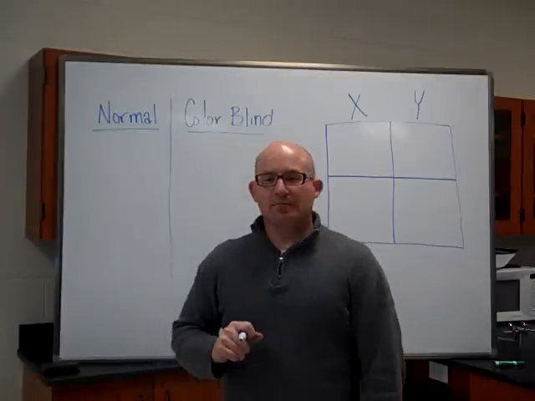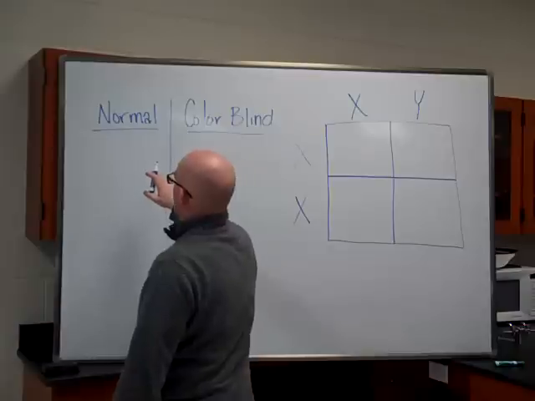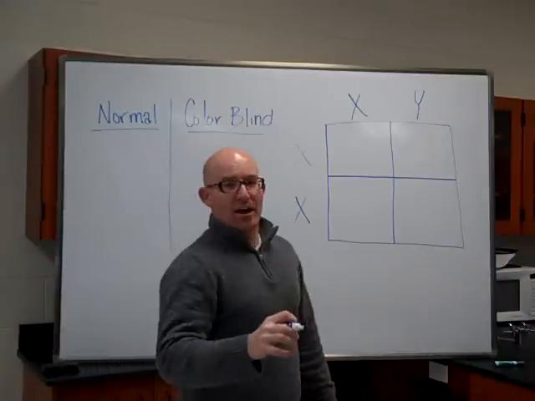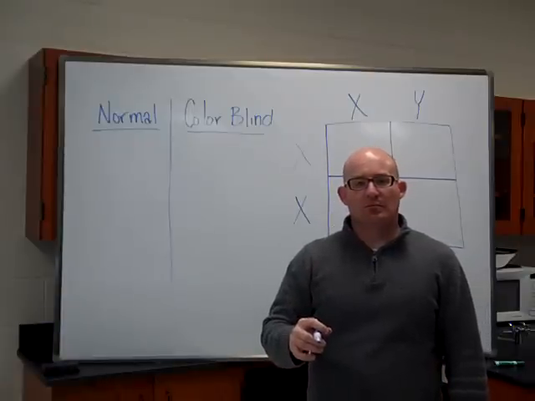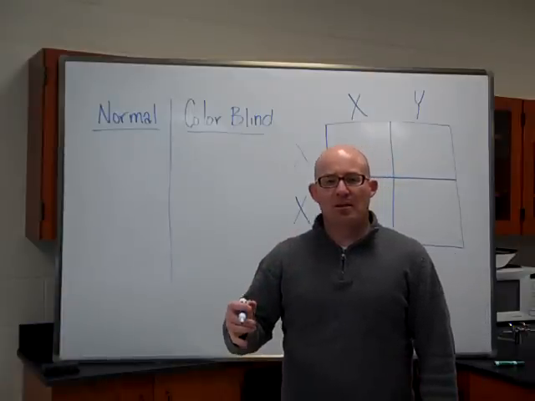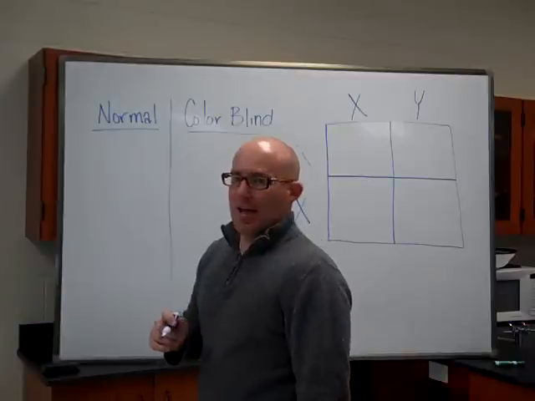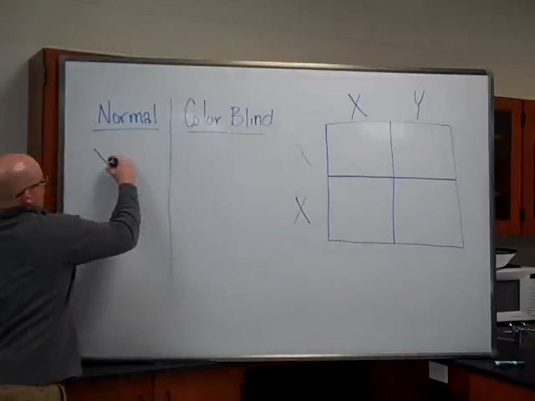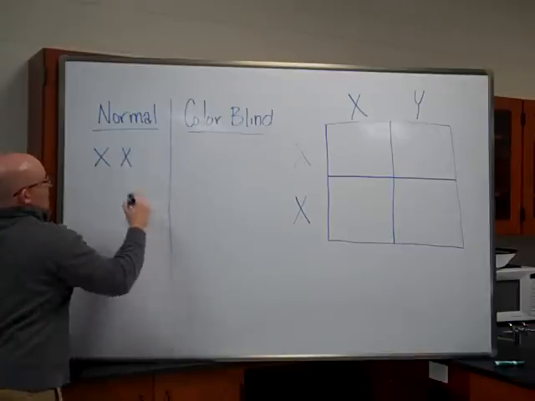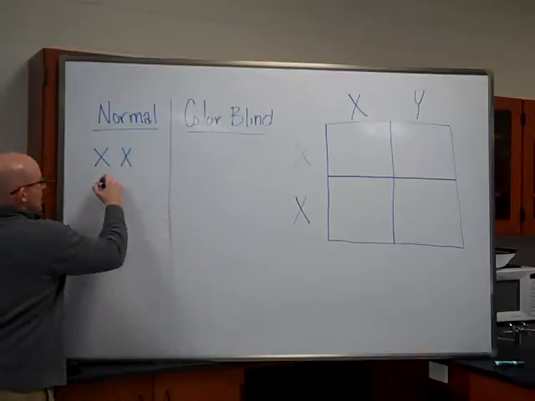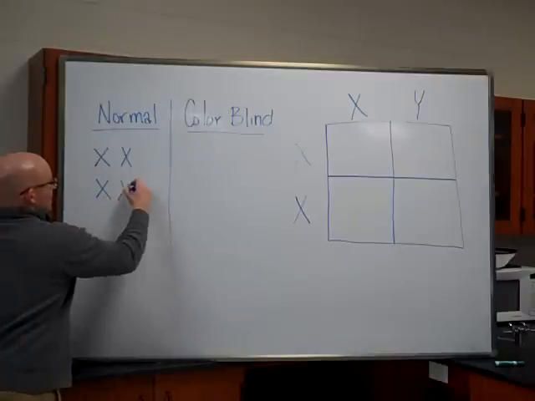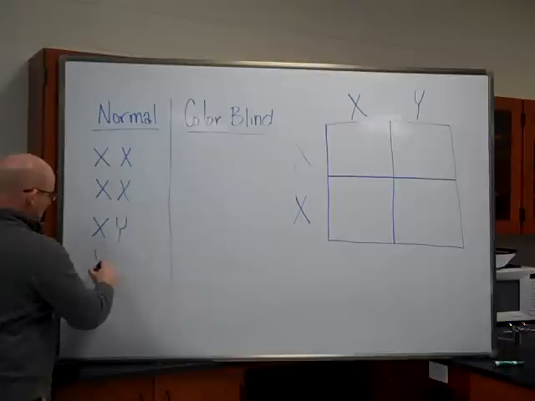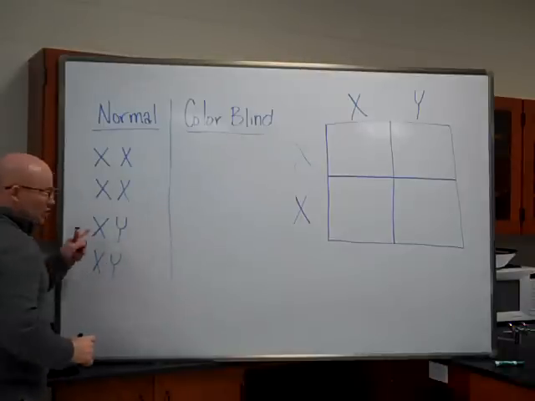Since it's X-linked, we have some different options. For a normal person, the different genotypes they can have are constituted like this. I can have a female, another female, and then two males.